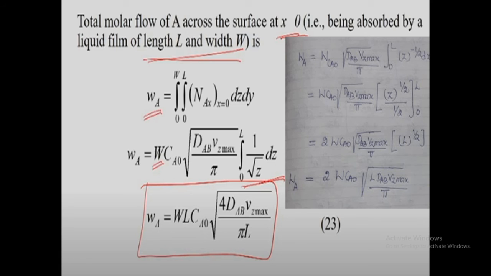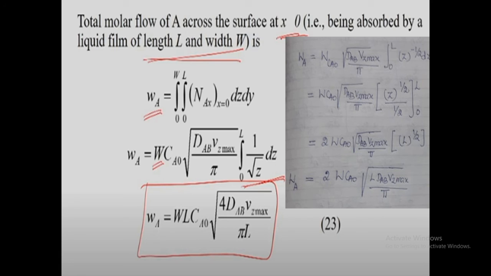So from this, how does equation 23 come? Just replace the L value only. Finally we get total molar flow W_A is equal to, already we have 2, right? What do you do here?